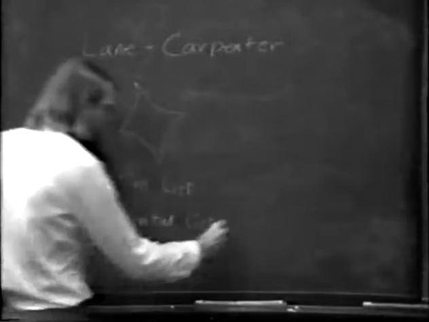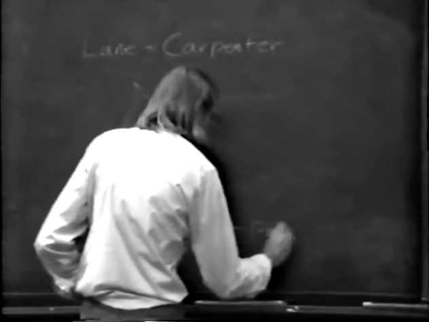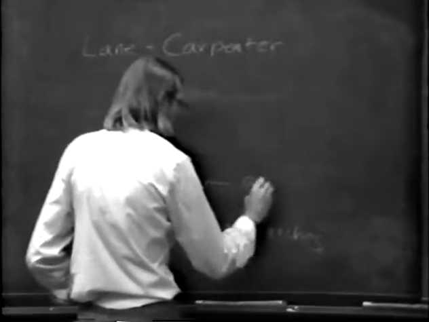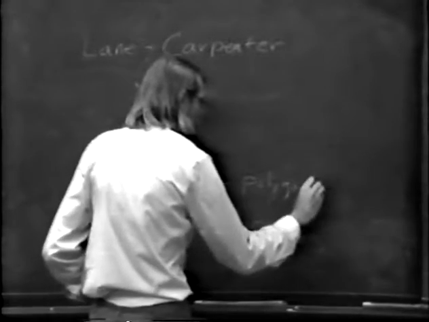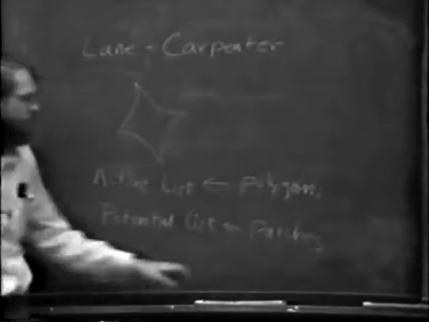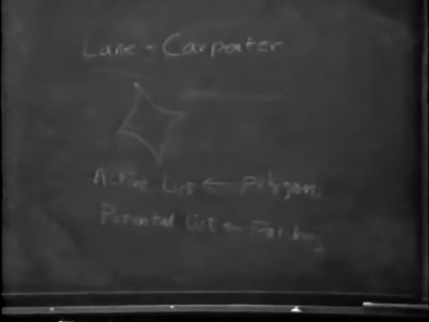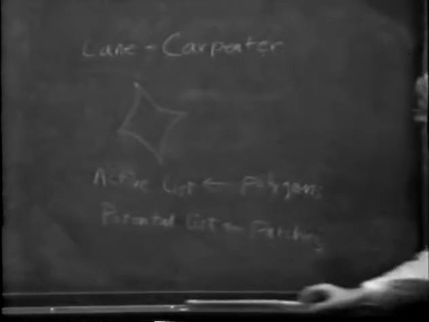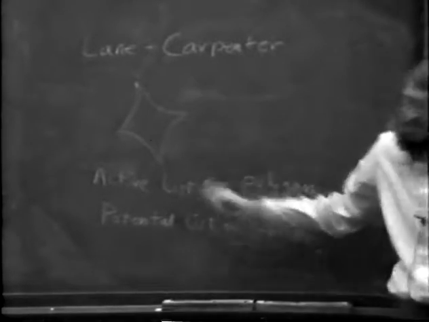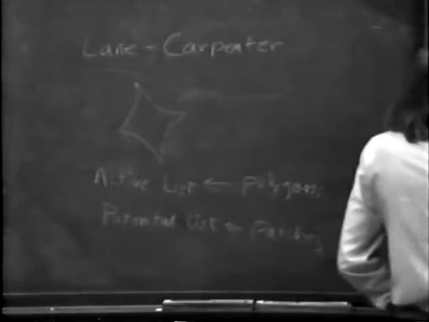The things on this list, however, are patches. And the things on the active list are polygons, rather than having them be both polygons or both patches, as happens in the other algorithm. And when you go down a particular scan line, you do the following thing.